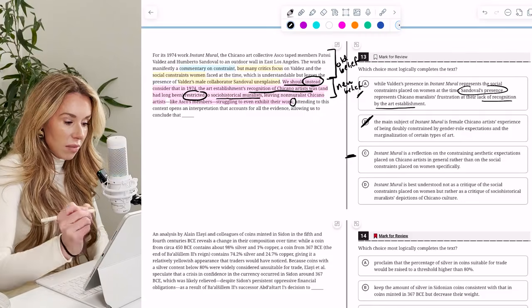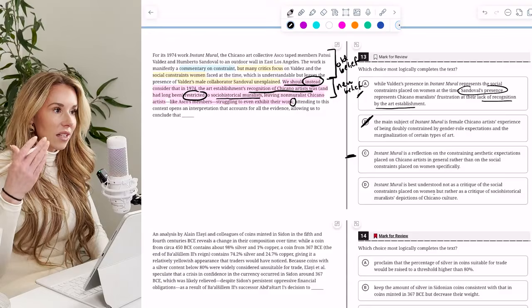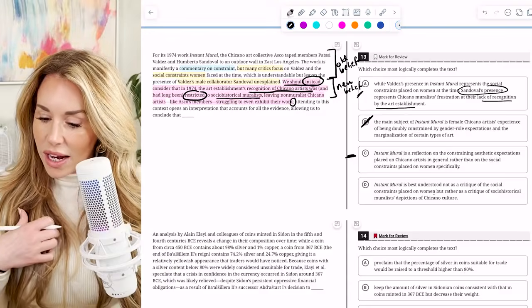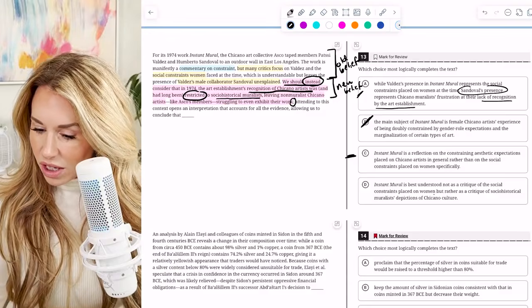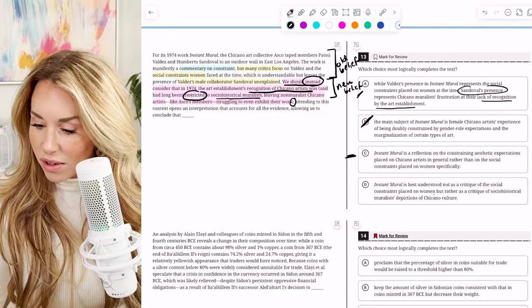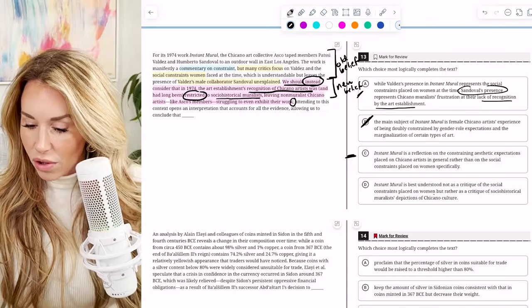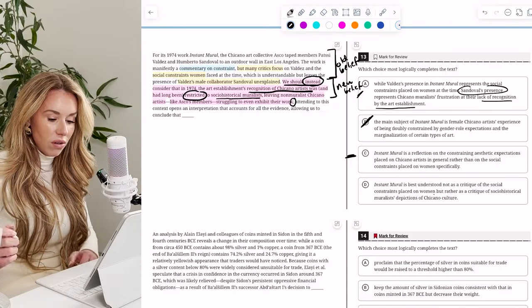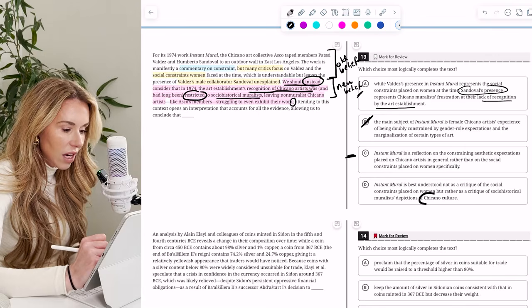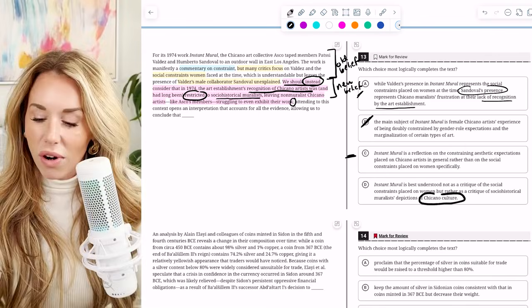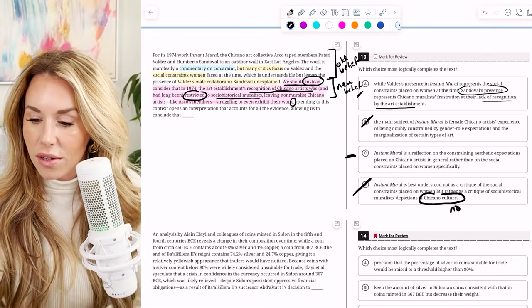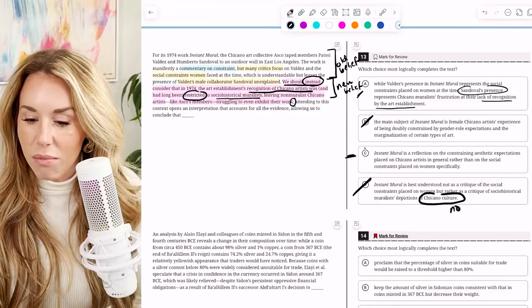That sounds great to me, because, again, it doesn't talk about gender anymore. Instant Mural is best understood not as a critique of the social constraints placed on women, but rather as a critique of socio-historical muralist depictions of Chicano culture. No, it's not of Chicano culture. It's talking about the recognition of Chicano artists. So I think C is the best answer.